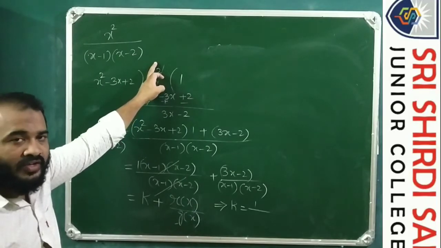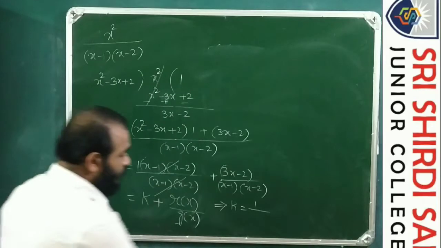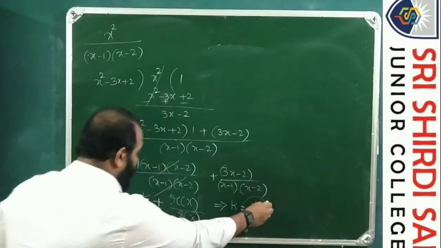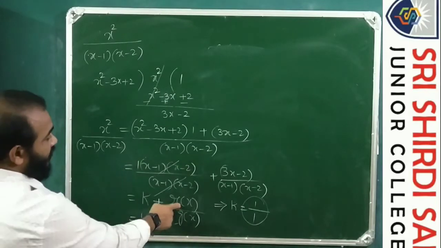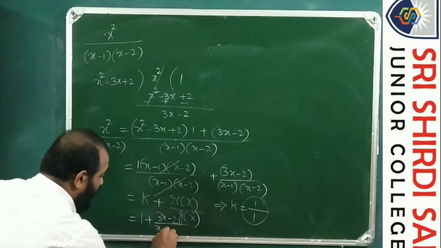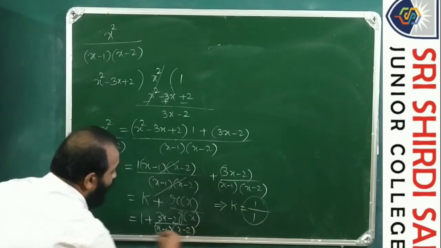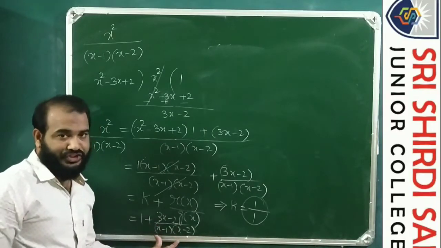So the coefficient of the highest degree term, x square, is 1. So 1 by 1 is 1. So the k value is 1. So 1 plus what is r of x? 3x minus 2 by x minus 1 into x minus 2. And we know how to deal with this. This is a proper fraction.